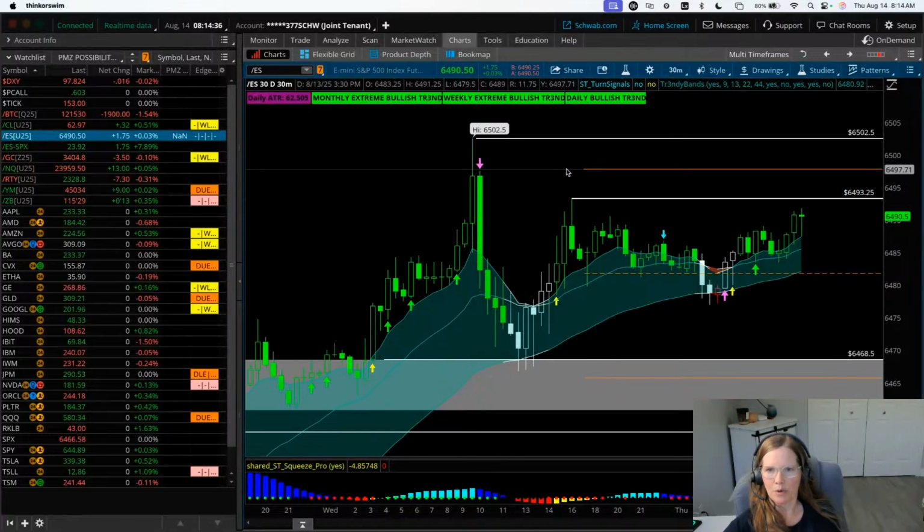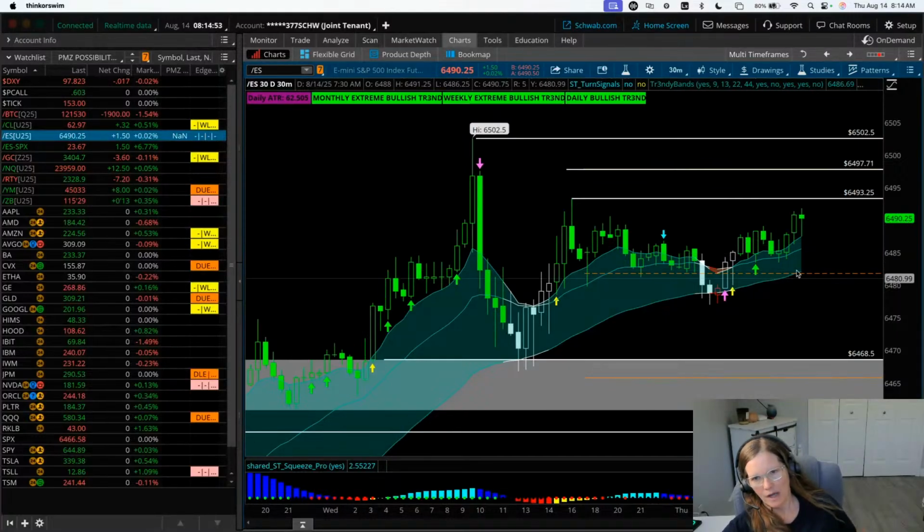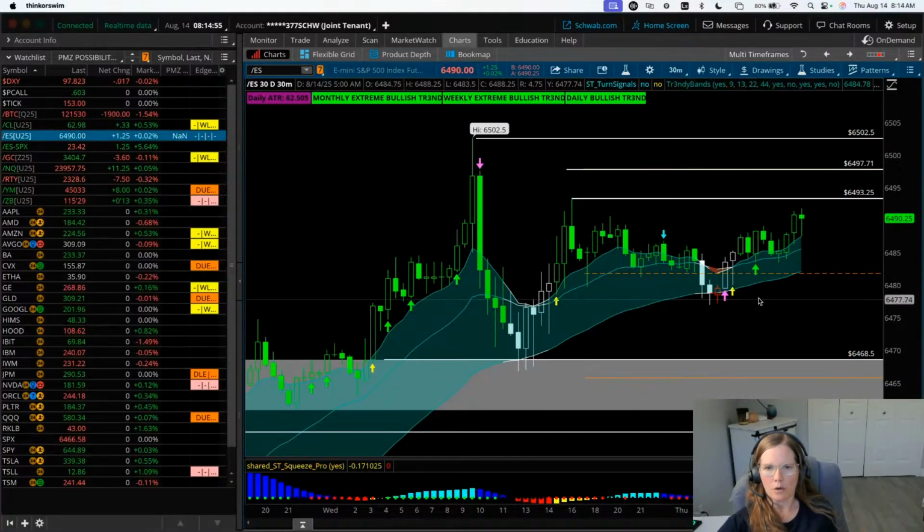Next line I'm going to put above here for a trim target would be the upper daily edge. Just put a line right on top of that upper daily edge, and that gives me some trim targets before those extension targets.